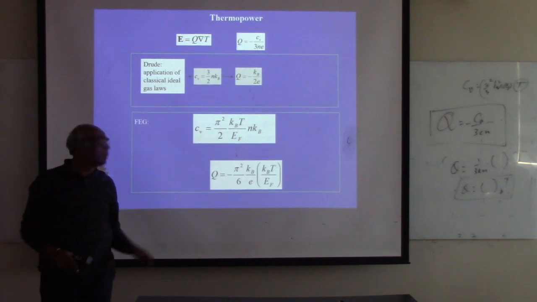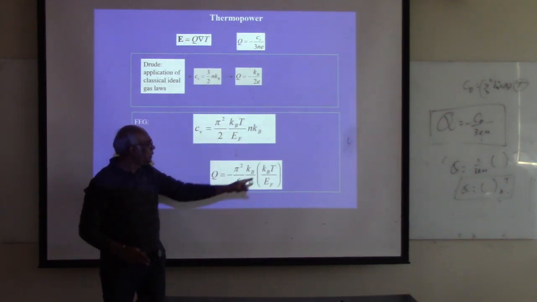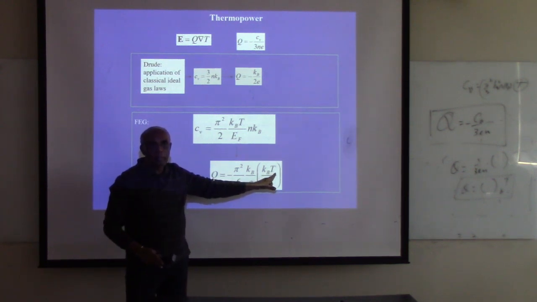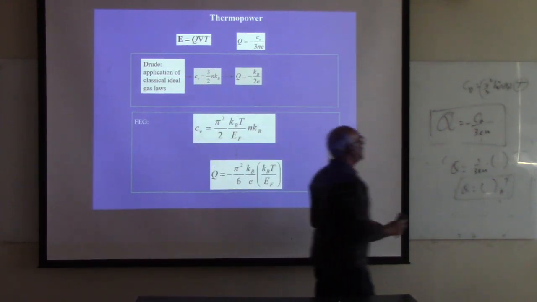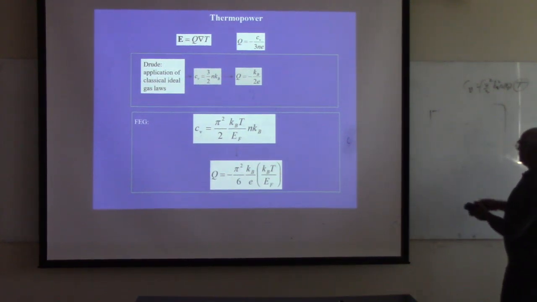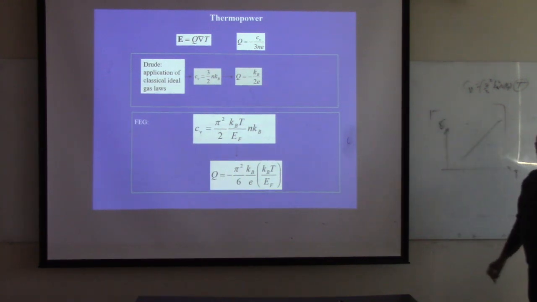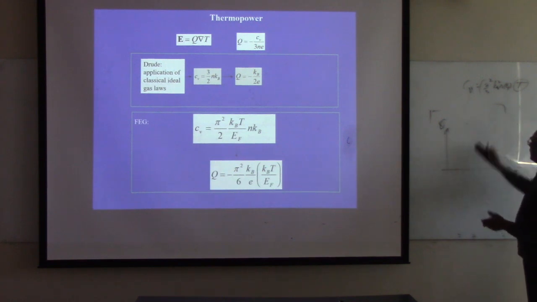For metals, you can explain your thermoelectric power by this equation. Also, it will be linear dependence. If you have any metal, your thermoelectric power will look like this. It's very linear. Thermoelectric power versus temperature is very linear. But it's actually a negative number, right?